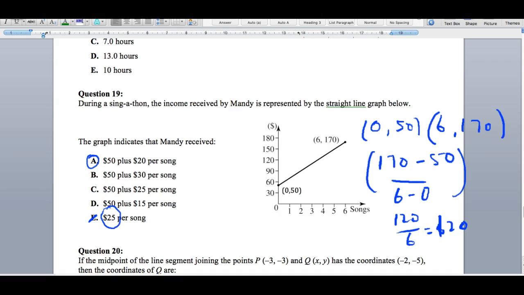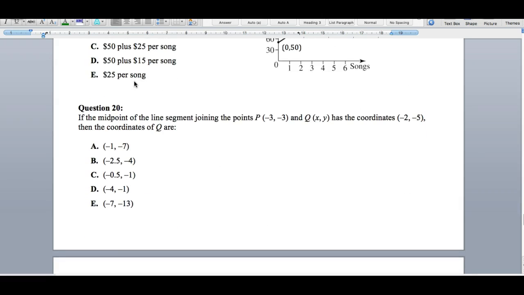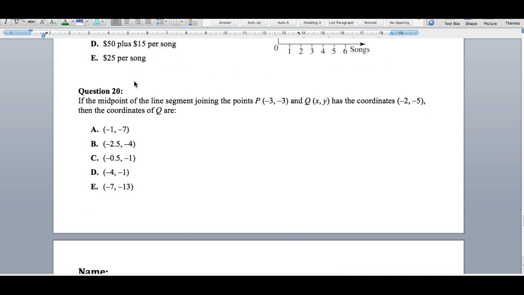Okay, let's move on. Last question, isn't it? Yes, good. If the midpoint of the line segment joining... this was a difficult question. We did do one of these in class. It's the last question because I think it's the hardest one. So we have a midpoint, and the midpoint has a set of coordinates, x and y.